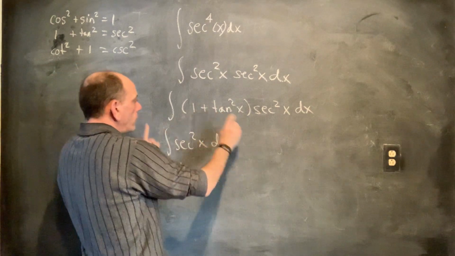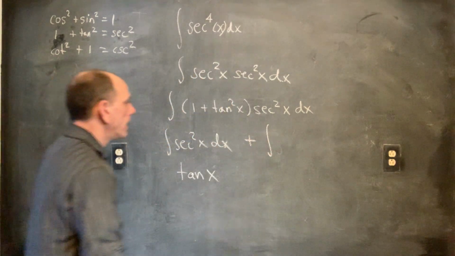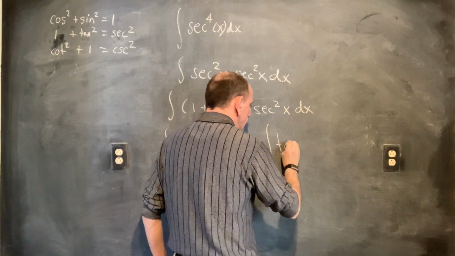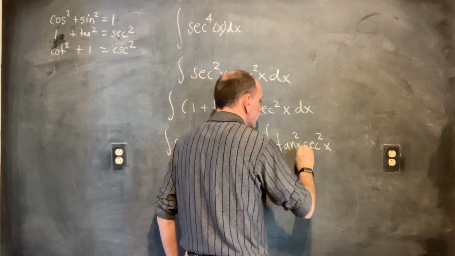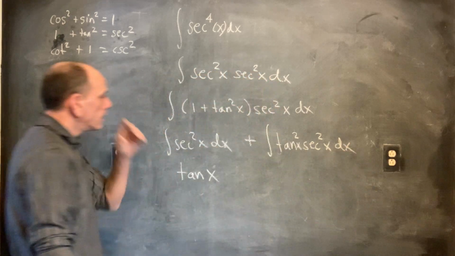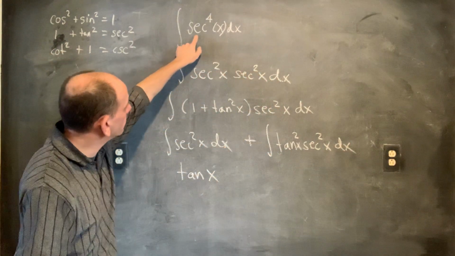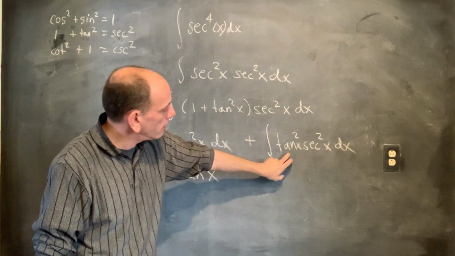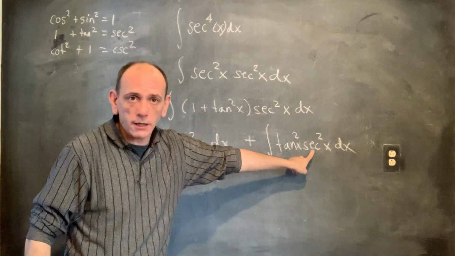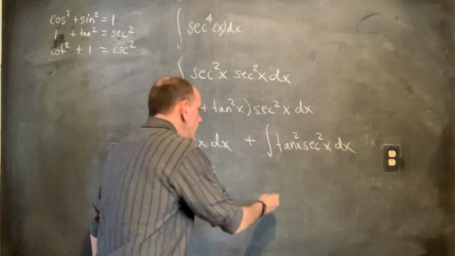And on the second one, we have plus the integral of tan square secant square x dx. And I go, if I u sub for tangent here, even though my first instinct was to u sub for secant, then du is just sitting right there: secant squared x dx. So that's easy.